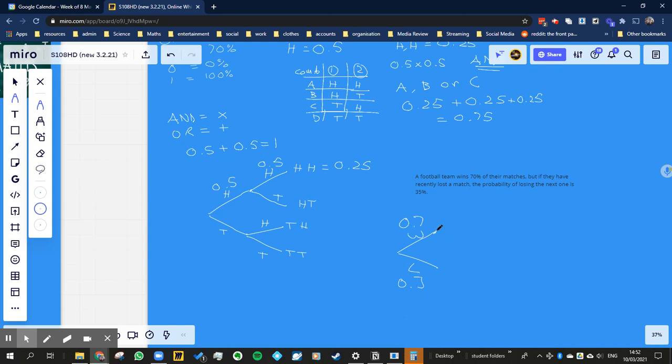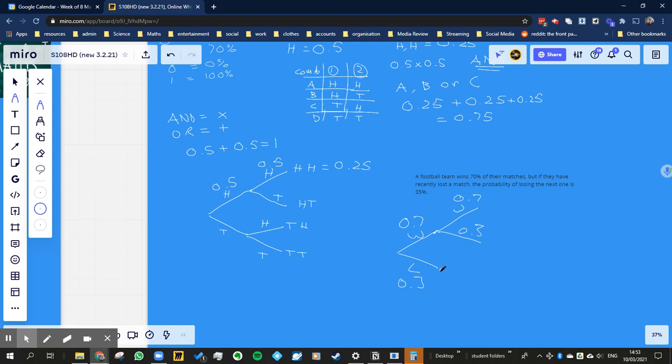So let's take the eventuality that they have won. The probability of them winning the next match is still 0.7. So winning is 0.7, and losing that match would be 0.3 again. However, you take the situation where they have lost a match.